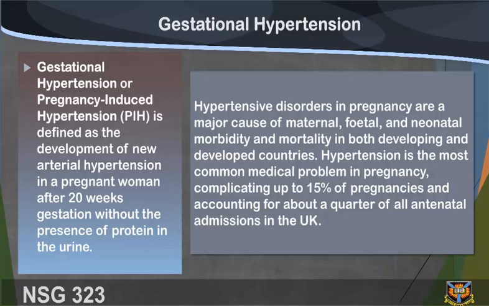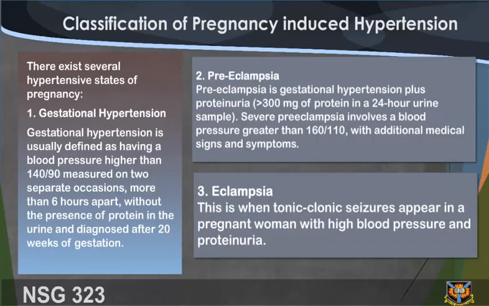Hypertensive disorders in pregnancy are a major cause of maternal, fetal, and neonatal morbidity and mortality in both developing and developed countries. Hypertension is the most common medical problem in pregnancy, complicating up to 15% of pregnancies and accounting for about a quarter of all antenatal admissions in the UK.